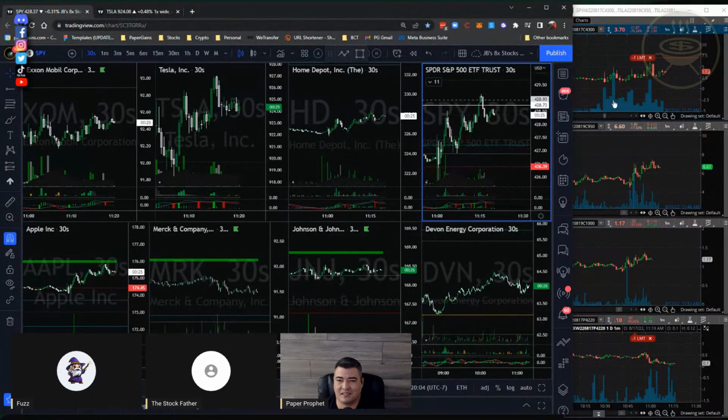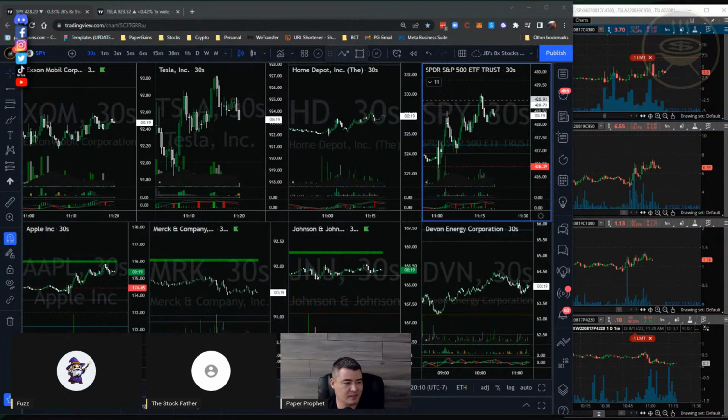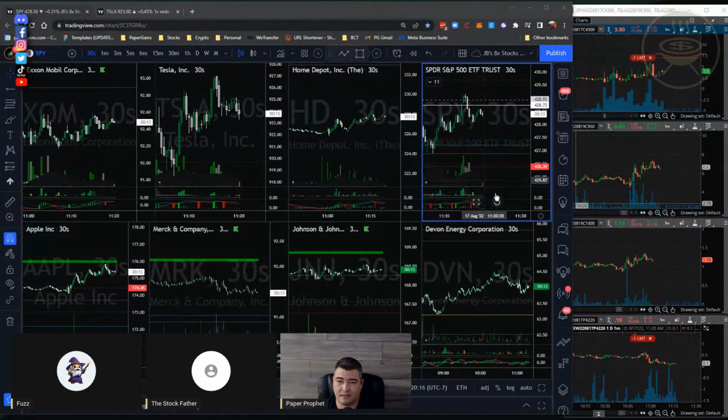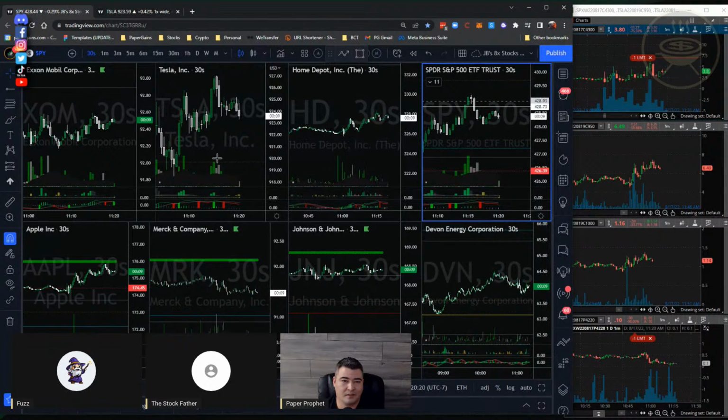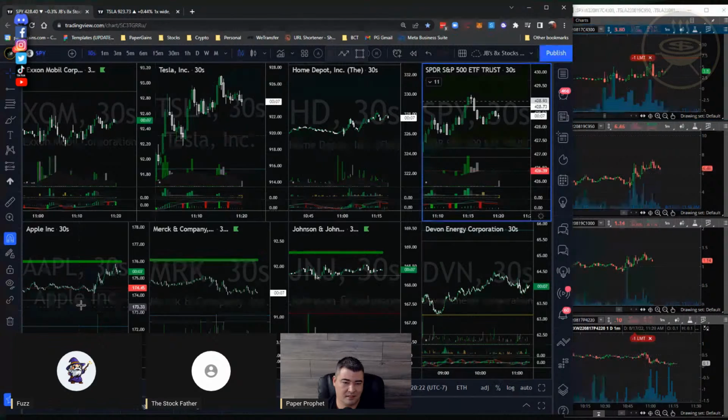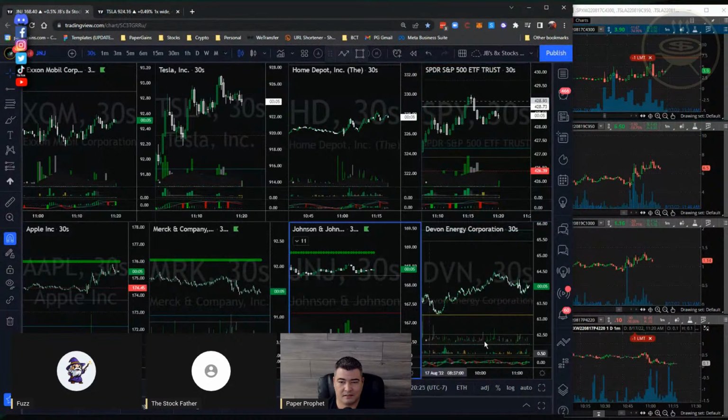Here, this looks like it's stalling. That strangle is sitting at 390. My momentum stuff actually says that it should pop, should get a little squeezy here. Hopefully.